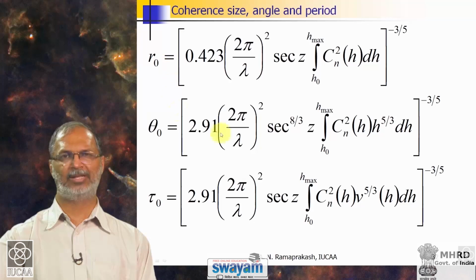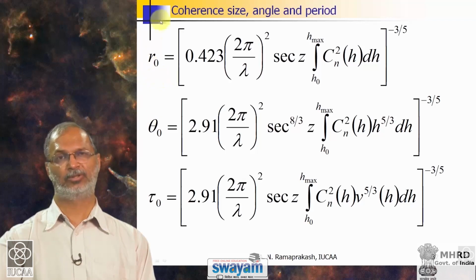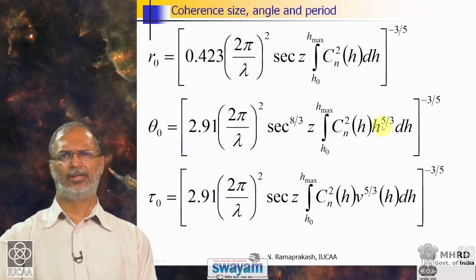You apply that value here, the integral comes out, and you get theta 0, which is nothing but r0 by h.